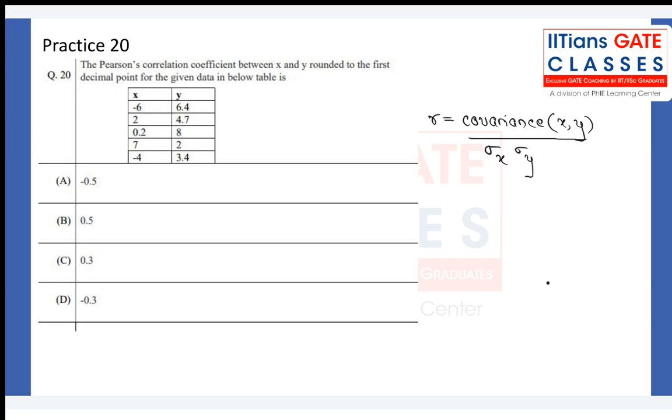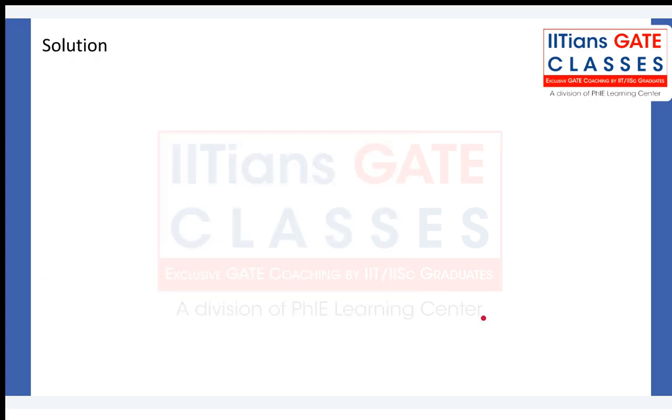Now you have to do the math. First, let me calculate the covariance of x comma y, which is the summation i equal to 1 to n of (xi minus x bar)(yi minus y bar), and you take the average, 1 by n.